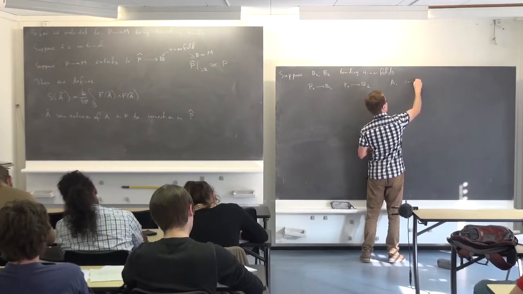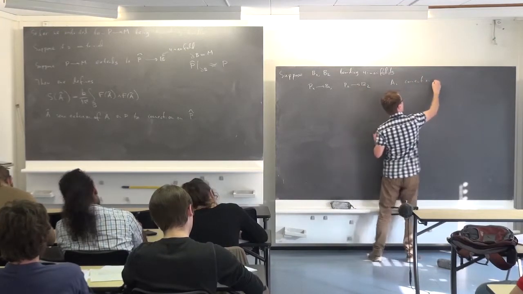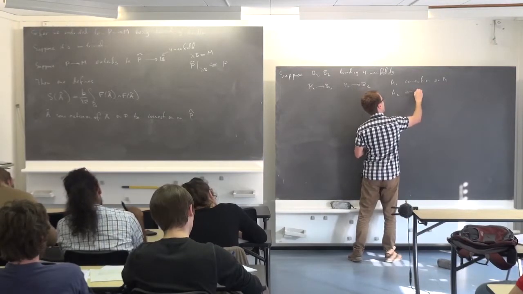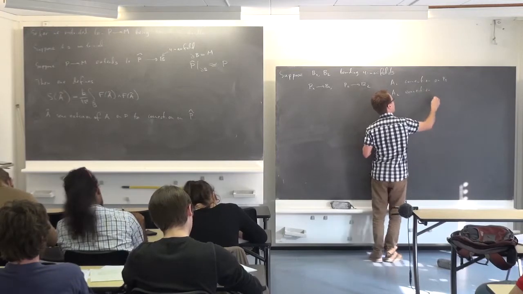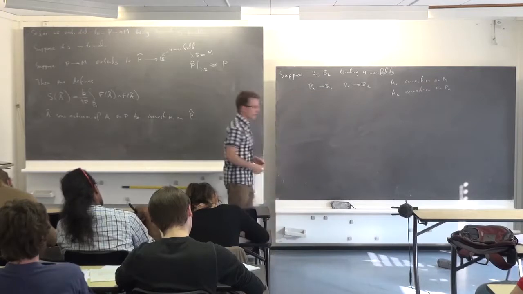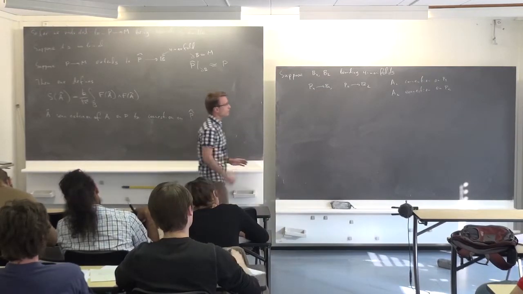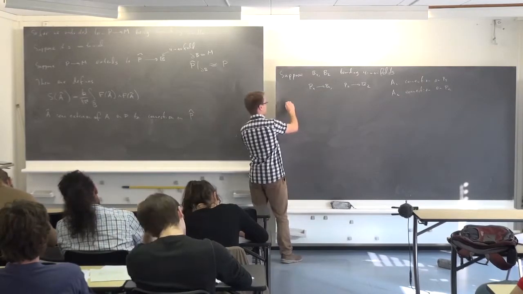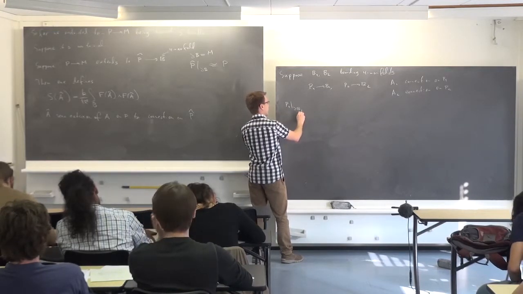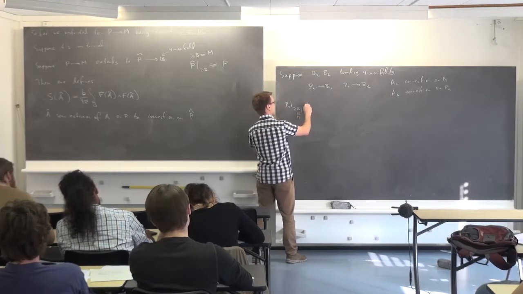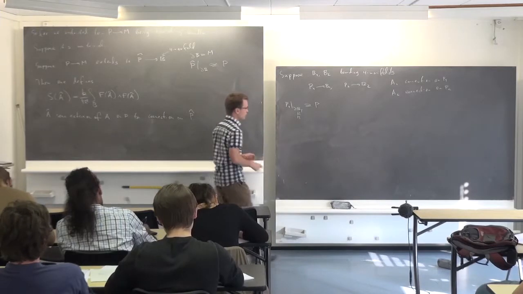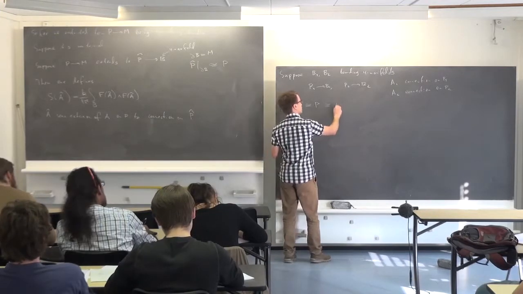A1 is a connection on P1, A2 is a connection on P2, and the assumption is that on the boundary, P1 restricted to the boundary of B1, which is assumed to be M, is isomorphic to my fixed principal bundle P, and similarly for P2.